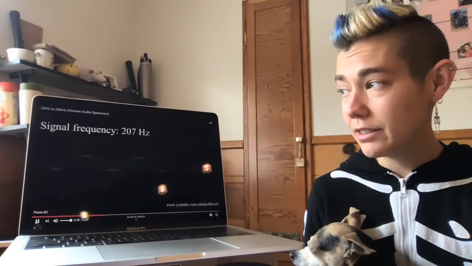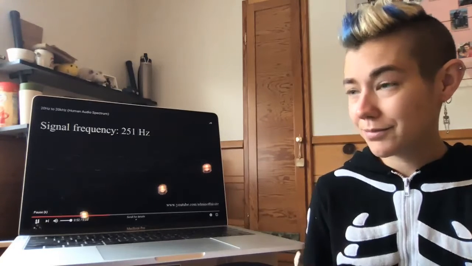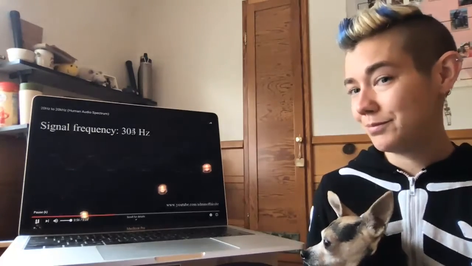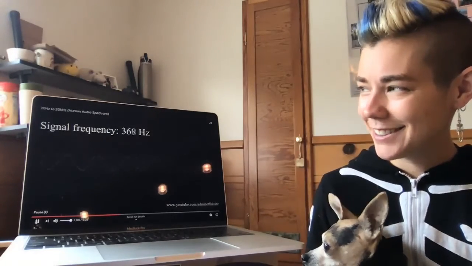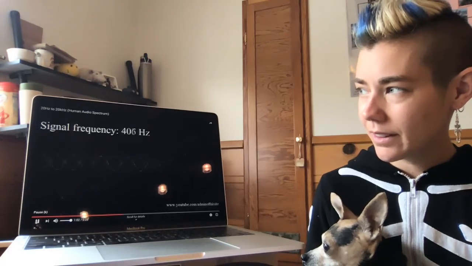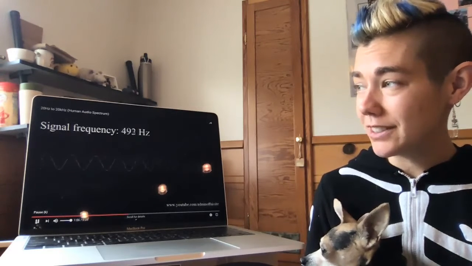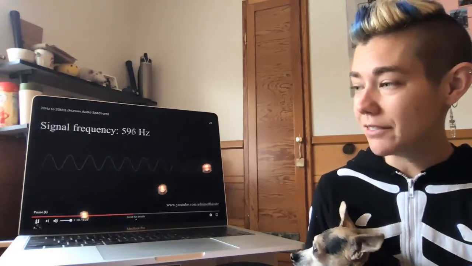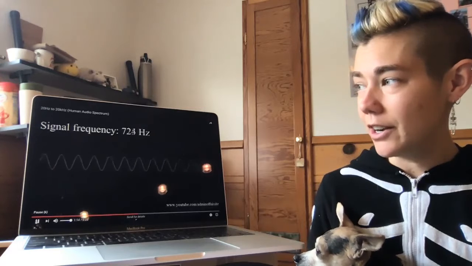It's getting higher. And you might be able to hear it now too, some of these frequencies that would be stimulating the base of the cochlea. We're getting up into the several hundred hertz.